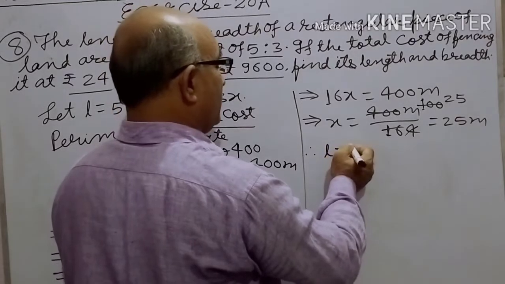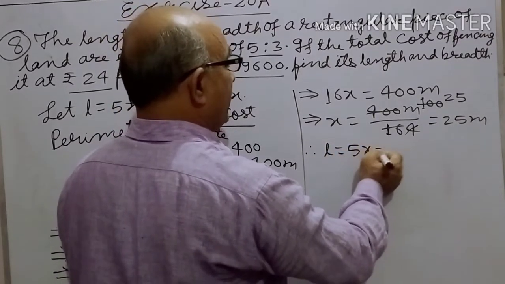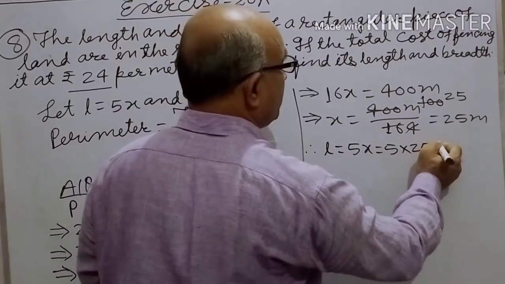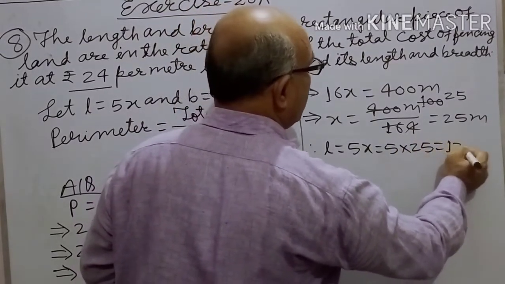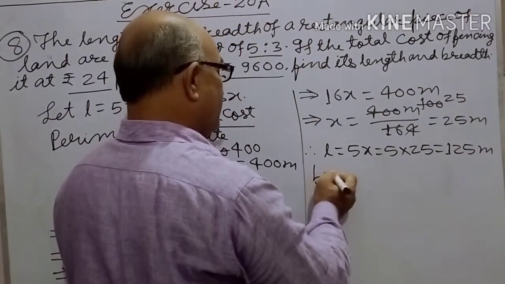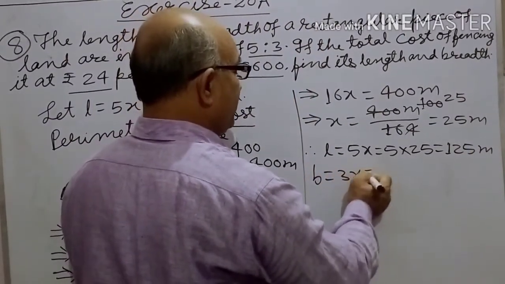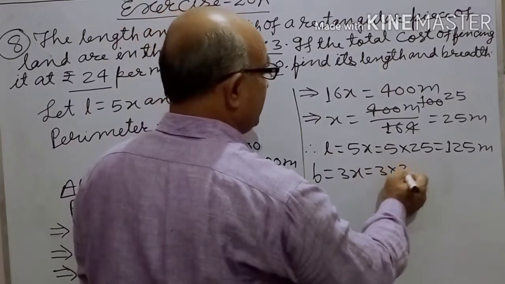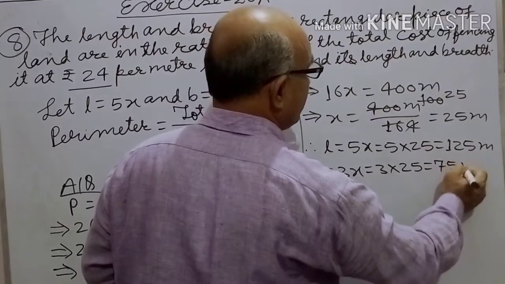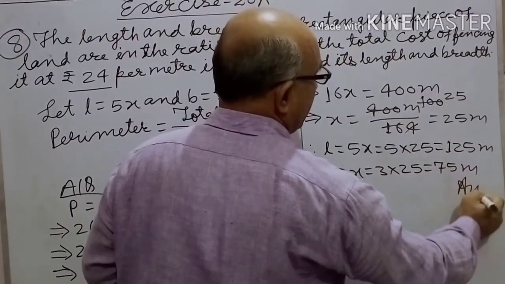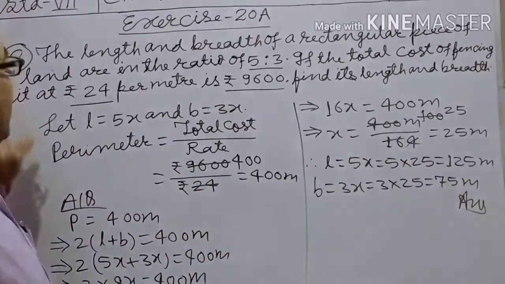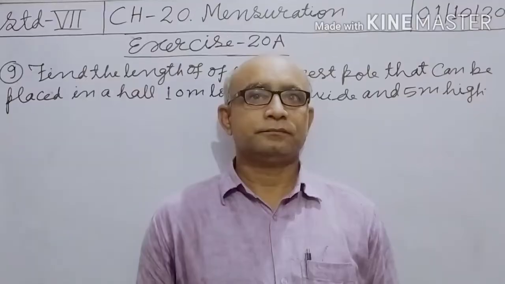Therefore length equal to 5x equal to 5 into 25 equal to 125 meter, and breadth equal to 3x equal to 3 into 25 equal to 75 meter. It is the length and breadth of this rectangular field. Students, understand and write it.